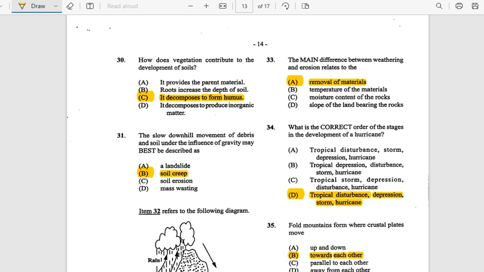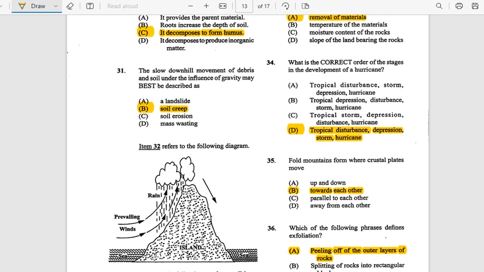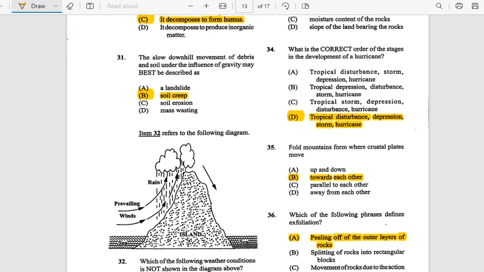Number 30. How does vegetation contribute to the development of soil? It has to do with it decomposing to form humus. Number 31. It says the slow downhill movement of debris and soil under the influence of gravity is best described as soil creep.